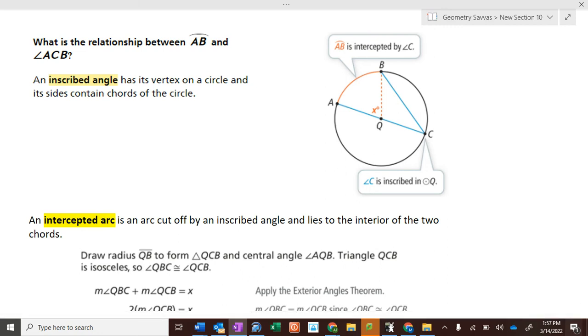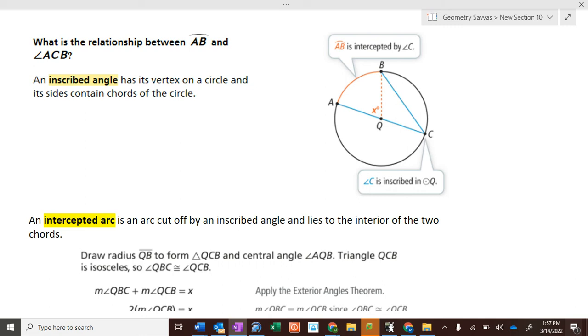An intercepted arc is cut off by an inscribed angle. A central angle has its vertex at the center. An inscribed angle has its vertex on the circle.